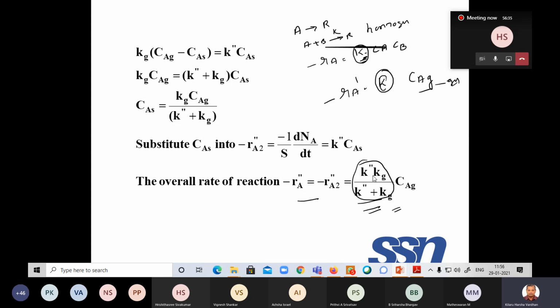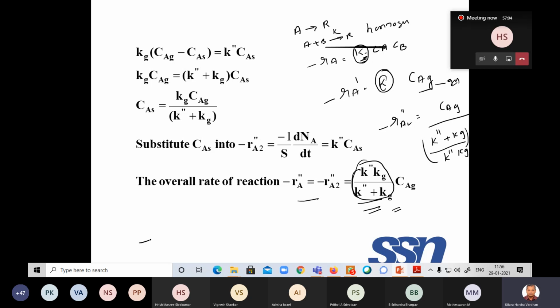Can we redo this? What you do is you make this reaction like this. So now minus Ra2 prime is equal to CAG divided by this term. Therefore, what will happen? K prime plus Kg divided by K prime Kg. Can I write it like this? I'm just doing the reverse of it.